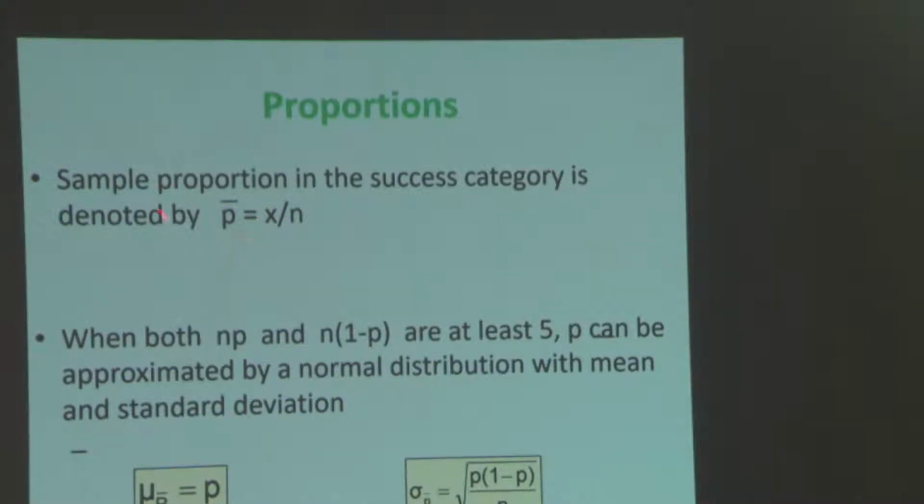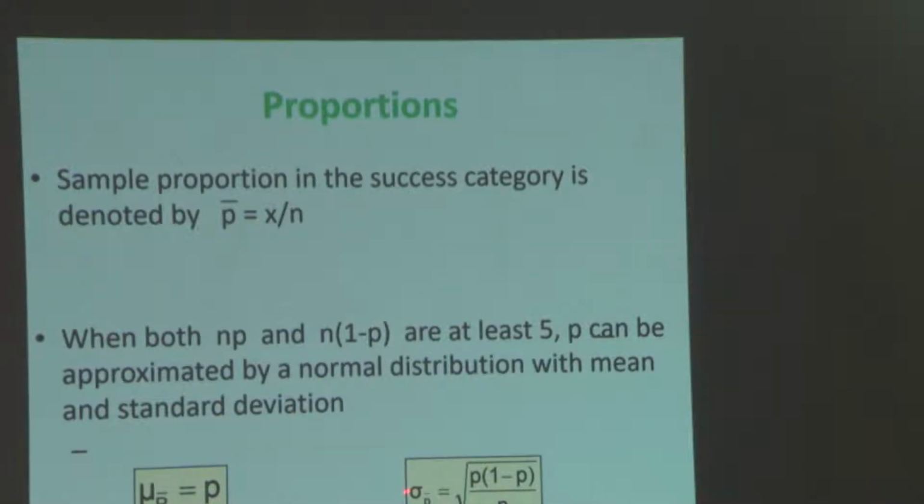So first, we have to calculate a proportion, which is usually the positive outcome over n, and it gives us the proportion denoted here as p bar. And 1 minus p gives you the q. When n times p and n times 1 minus p are each at least 5, then these proportions approximate a normal distribution with the mean and the standard deviation as given here.